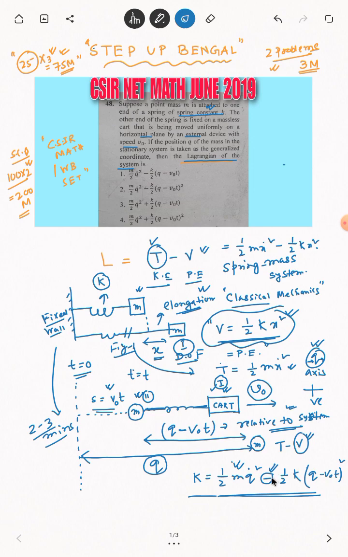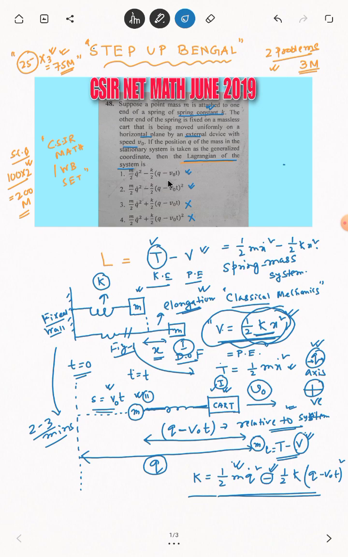So if this t is positive, then we should have a minus sign before it for this t minus v configuration of L. So where the plus signs are there, those will be eliminated, and we have only these two options. But see the beauty, V will always be of the half k x square type, half into spring constant into elongation square.